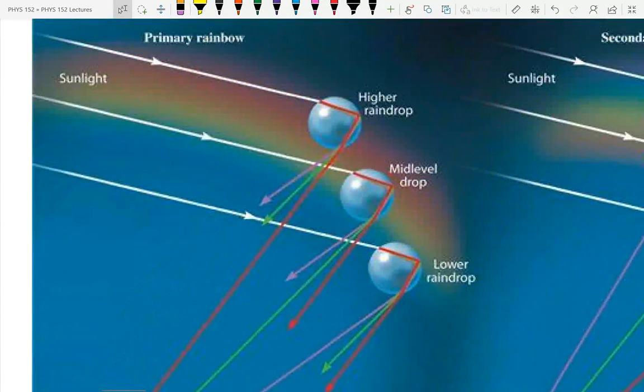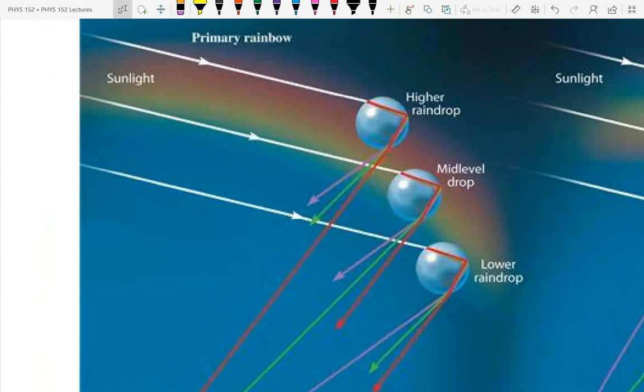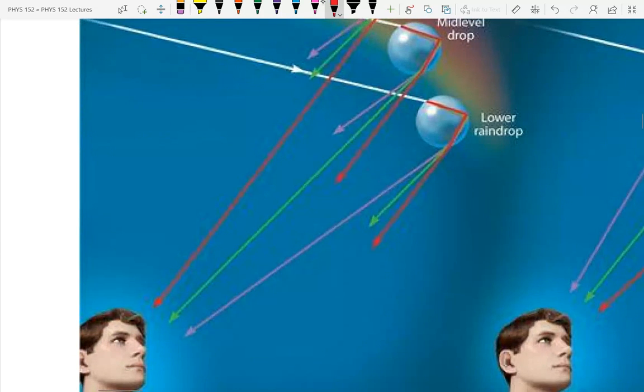So here's what you see when you look at a rainbow. When you look up higher, that's a bigger angle. You see the red light because the red light was deviated the smallest amount. You look at lower water droplets and you see the blue light, or violet as it shows here.